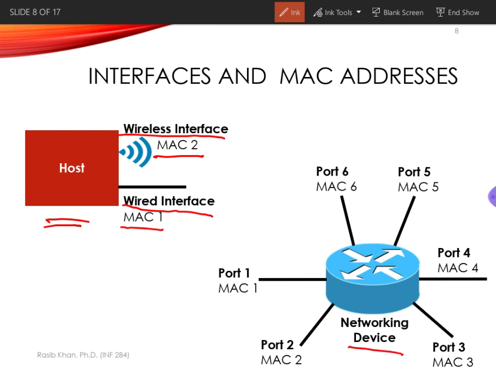If you're referring to a dedicated networking device, which could be a router or a switch, these have more interfaces. We generally refer to these as ports. So let's say this particular router has 6 ports, and each of these ports has a preset and fixed MAC address.